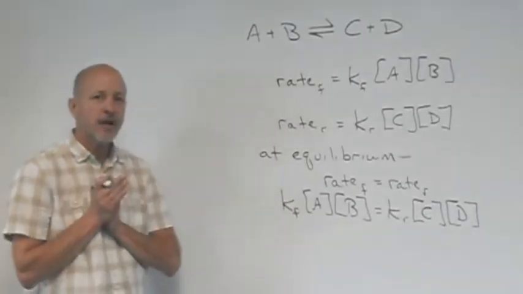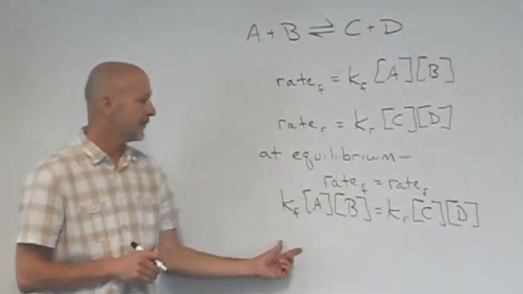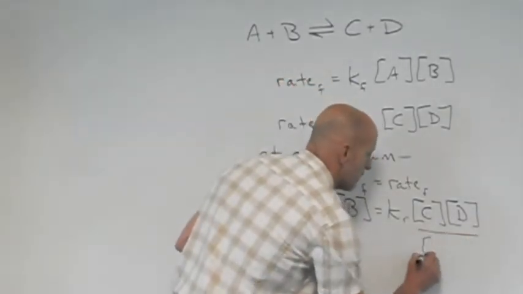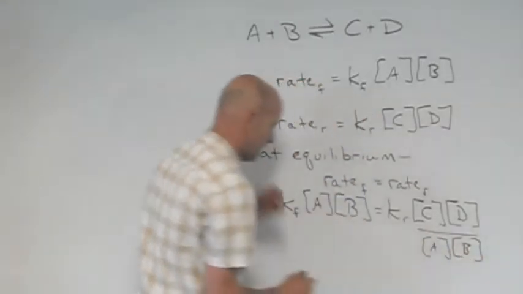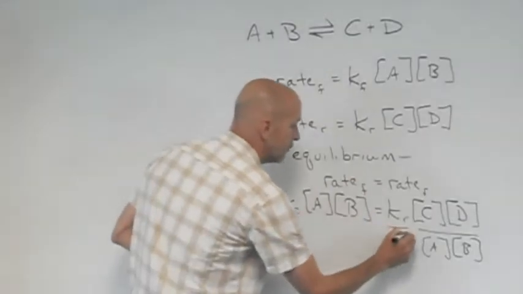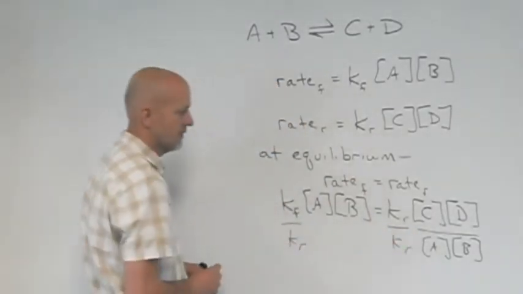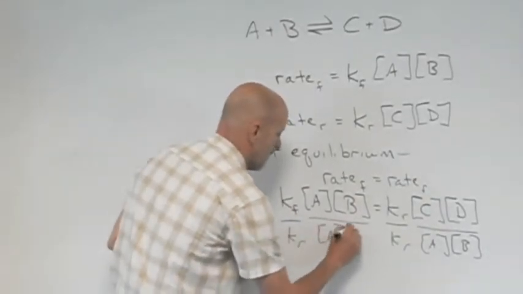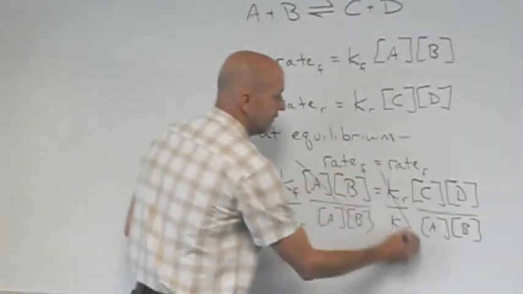What I want to do is come up with a constant. So I'm going to put both my constants on the same side. So I'm going to divide both sides by A and B. I'm going to divide both sides by KR. That'll take this out, that'll take this out.